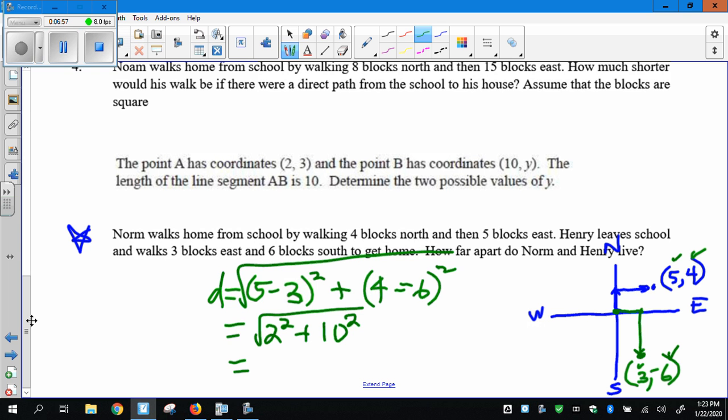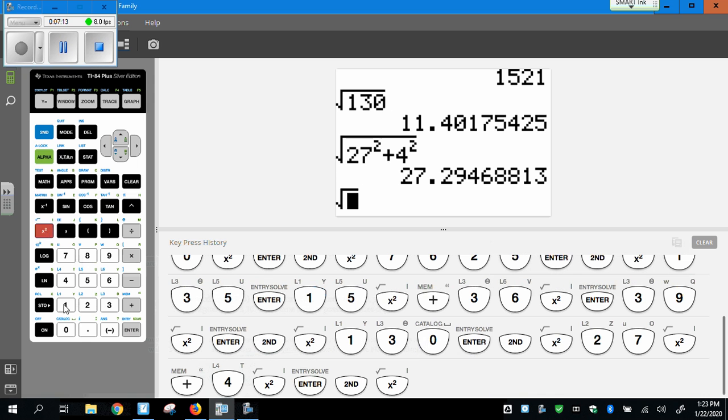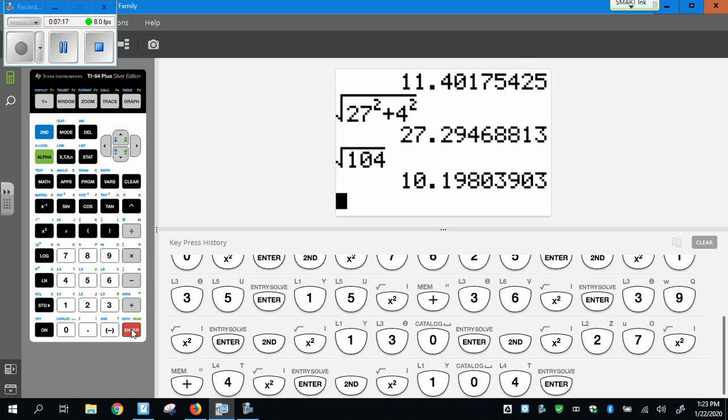And that's the square root of 4 plus 100 is 104. And then you can go ahead and do that on your calculator, but it's a little over 10. The square root of 104 is about 10.2, the distance between those.